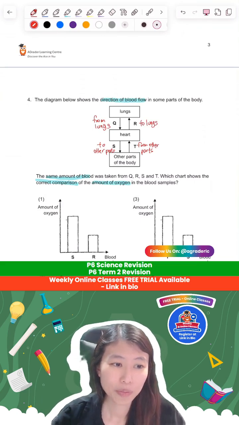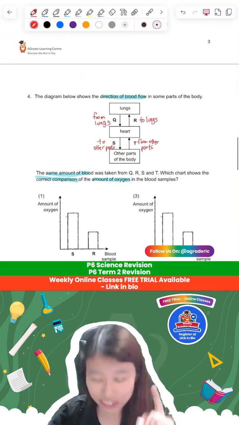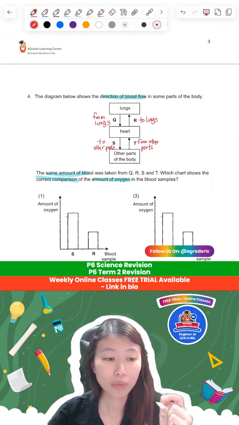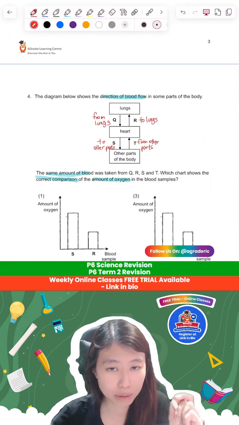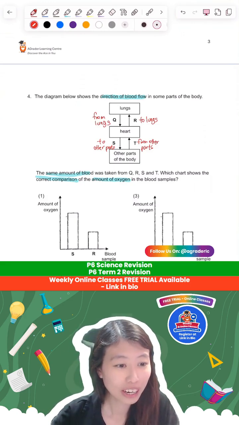Okay, so if you are looking for oxygen, which one do you all think should have the most amount of oxygen?